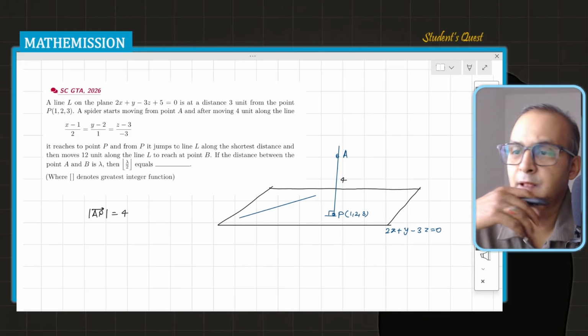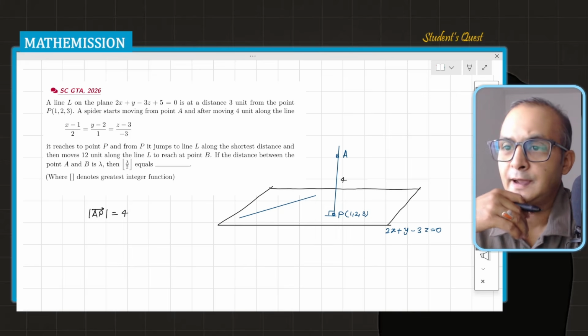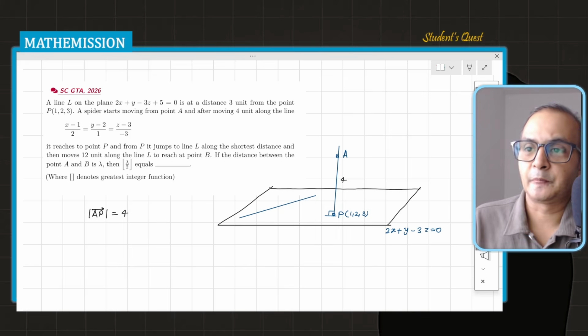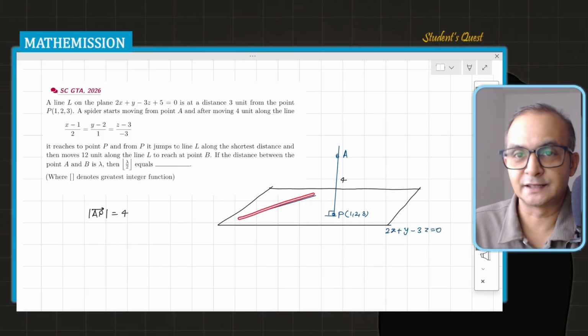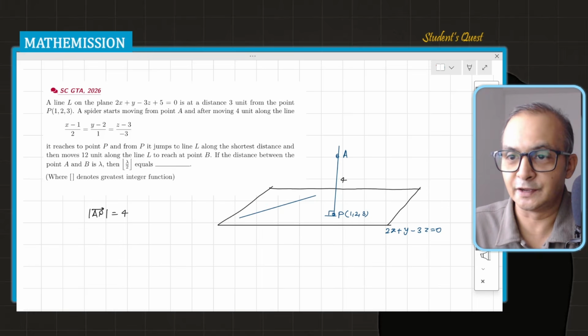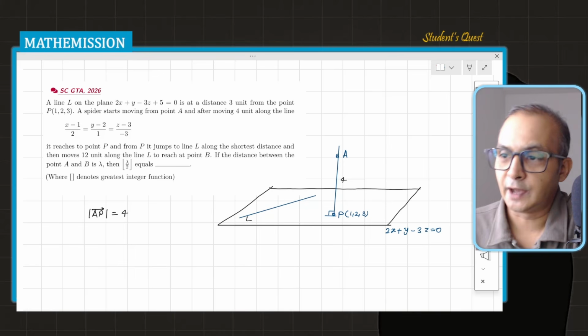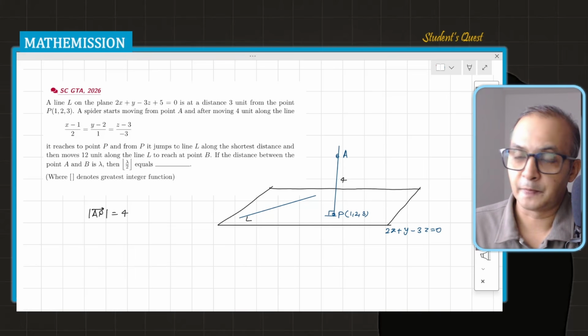Okay. Now this point P is 3 units distant from the line L. It's already given that L is the line. So now I'm going to draw a length.